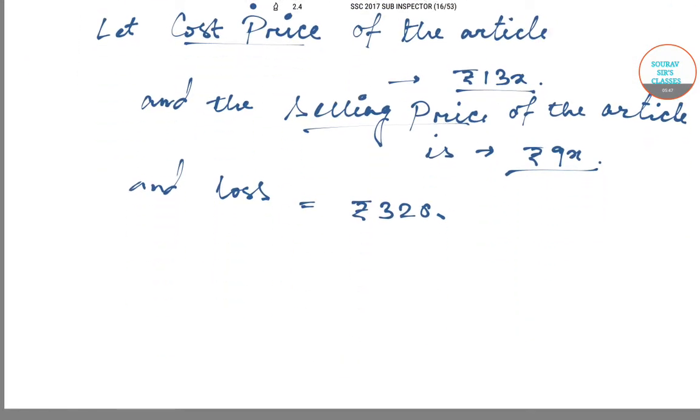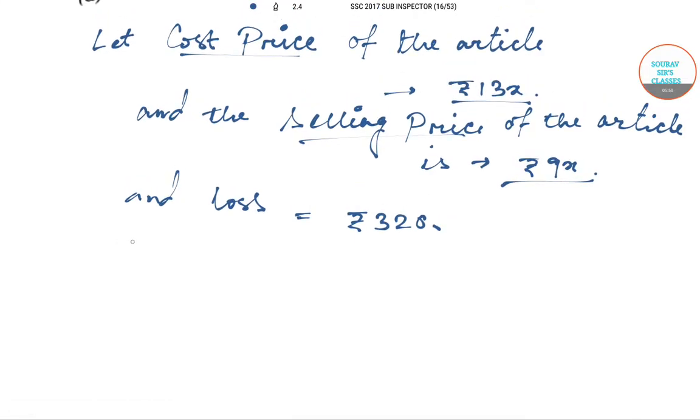So now we know that loss is equal to cost price, that is CP, minus selling price, that is SP.